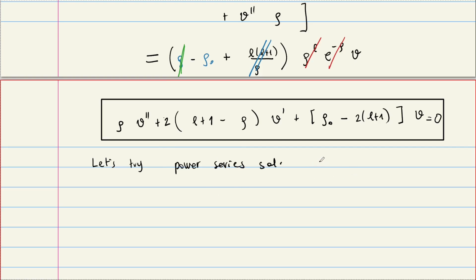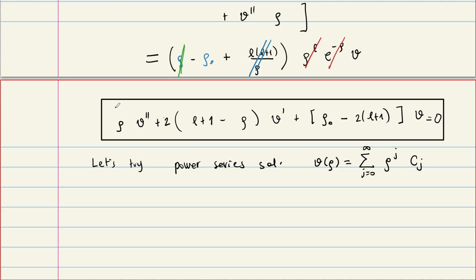So what I mean is this V as a function of this rho, try the sum over j equal to 0 to infinity, rho to the j, Cj. And the goal is to find a recursion relation for the coefficient Cj, exactly like we did for the harmonic oscillator in 1D.